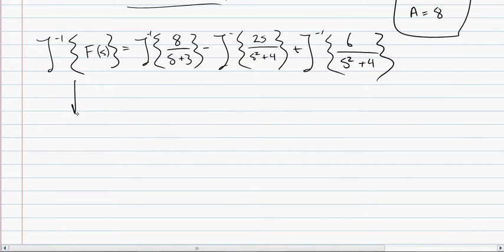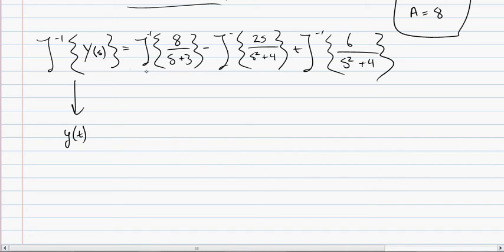So this right away, we know what that is. That's just going to be f of t. No, I'm sorry. This is y of s. So this is going to be y of t, which is what we're looking for in the long run here.